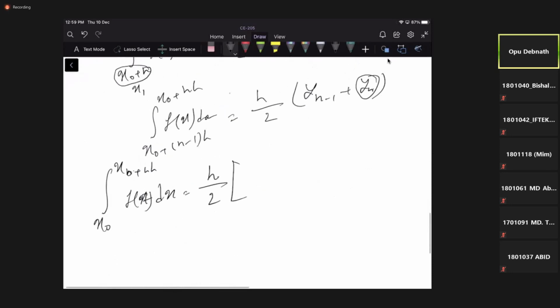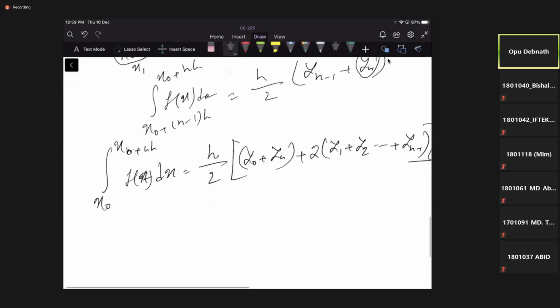So we write y0 plus yn, these are the single times, plus 2 into (y1 plus y2 up to yn minus 1). This rule is known as the trapezoidal rule.